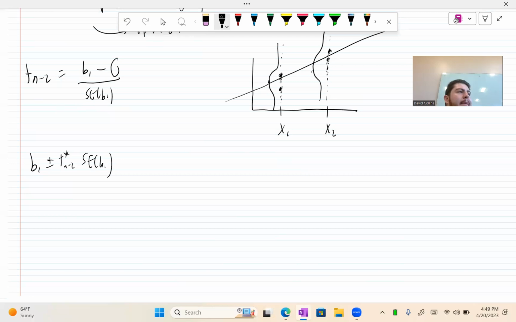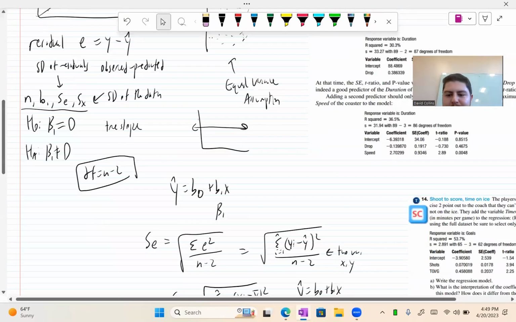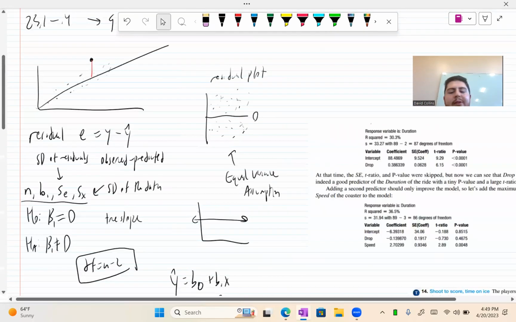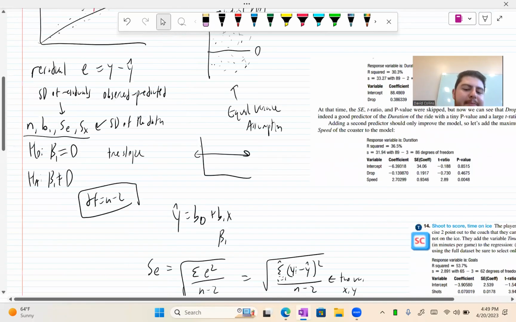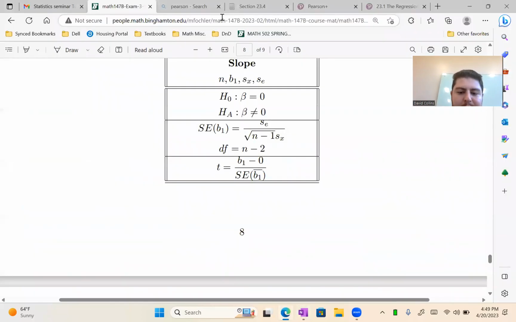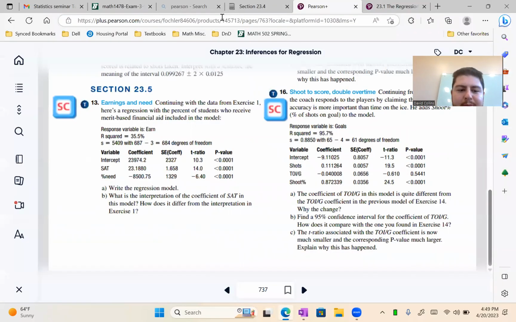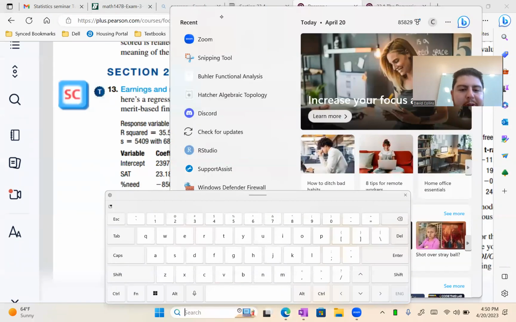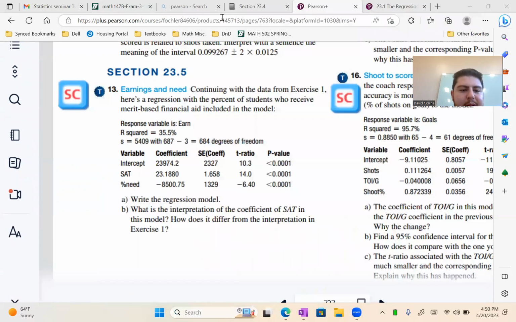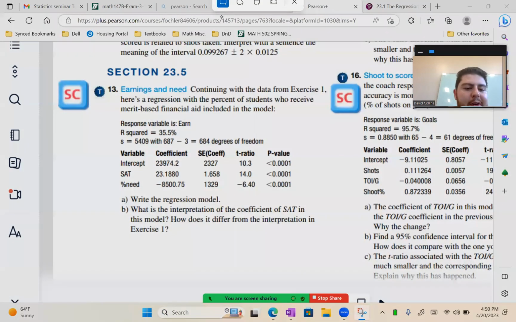Any questions so far? Okay. So, did I take one of these questions? No. Where's the book? Okay, right here, number 13. This is an example of what you'll see on your final. Kind of. You'll see this table.